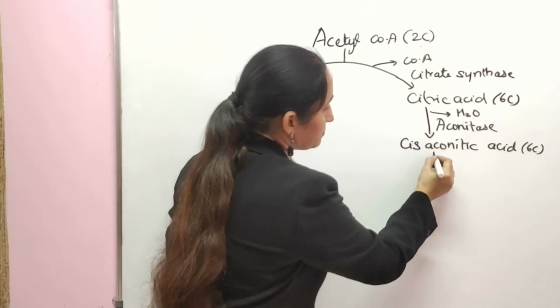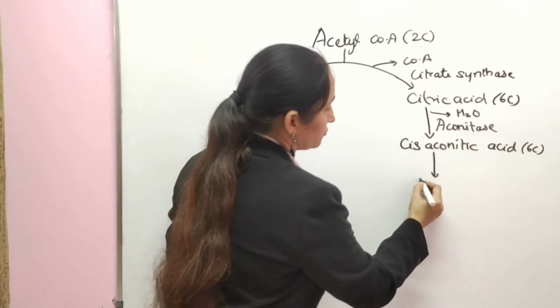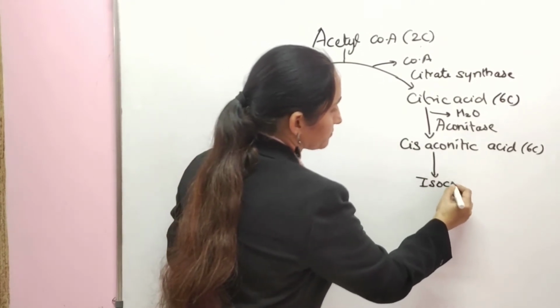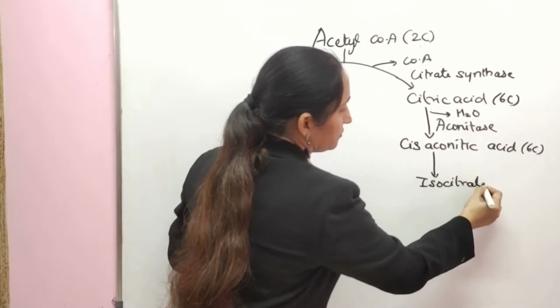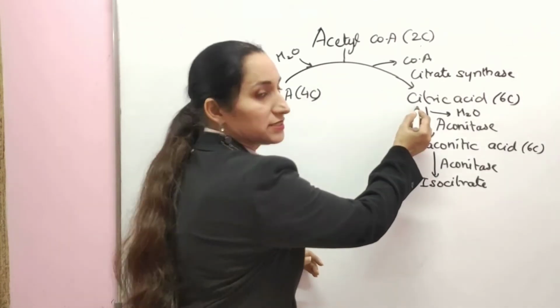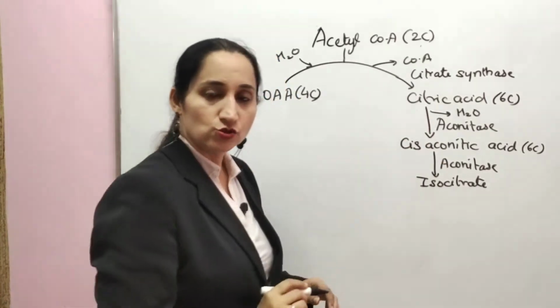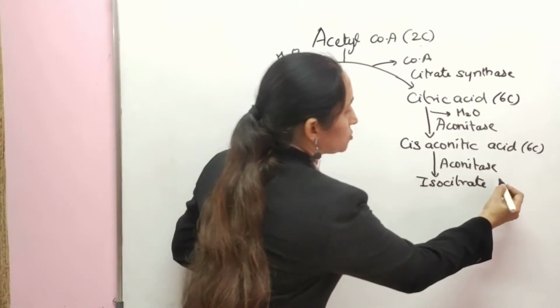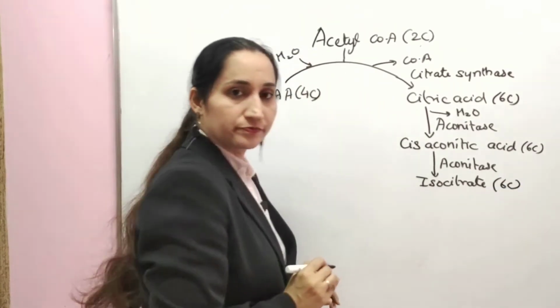In the next step, this cis-aconitic acid will get converted into isocitrate, again with the help of the same enzyme. So in short, it can be said that citric acid is isomerized to isocitrate. This is also a 6-carbon compound.